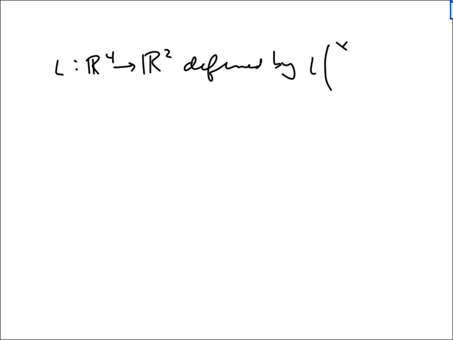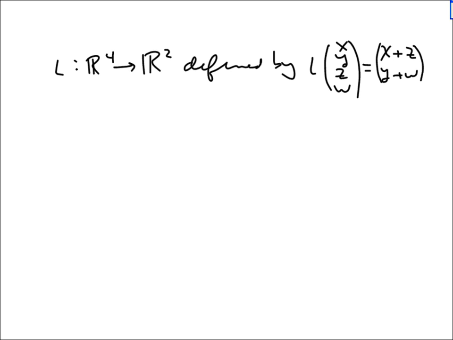So let's look at the problem we did a moment ago. L is a linear transformation from R4 to R2. It is defined by L of (x, y, z, w) equals (x plus z, y plus w).